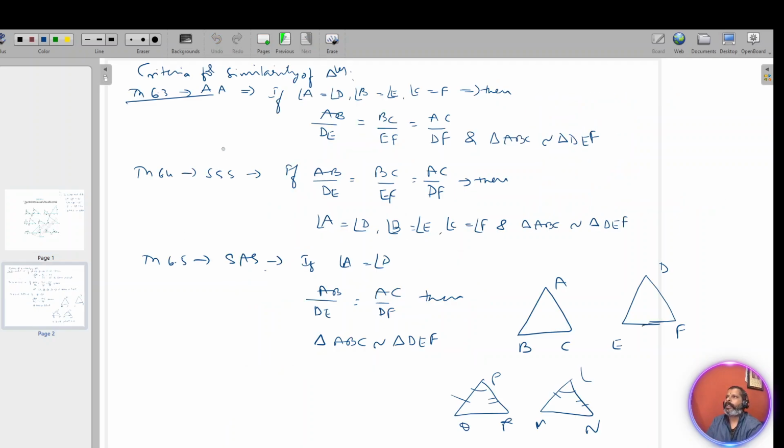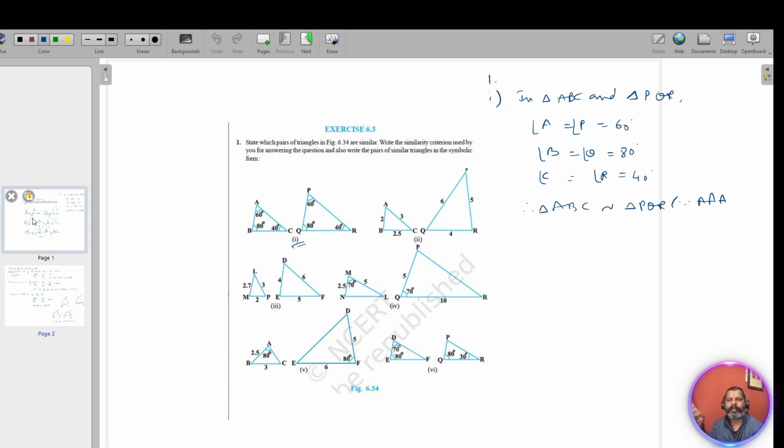See this first criteria, AA is also called AAA because in two triangles, if two angles are equal, the third angle should be equal. So AAA similarity criteria. Don't get confused. We studied similar kinds of rules in 9th standard which are called congruency rules.